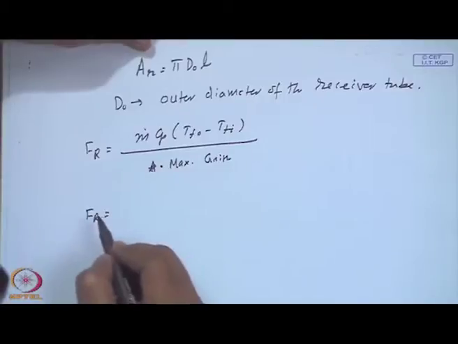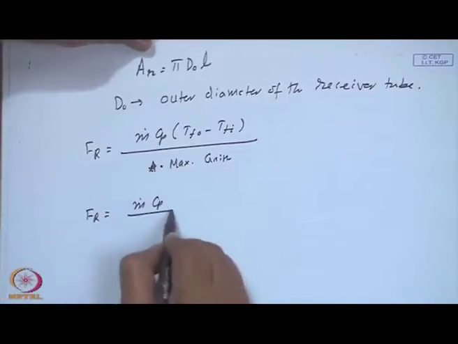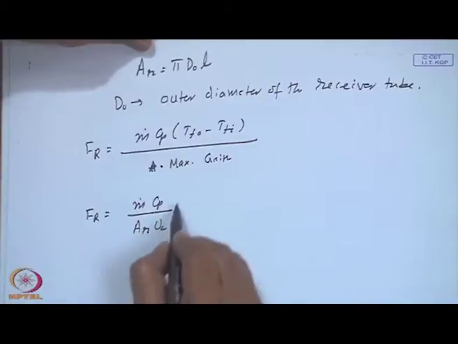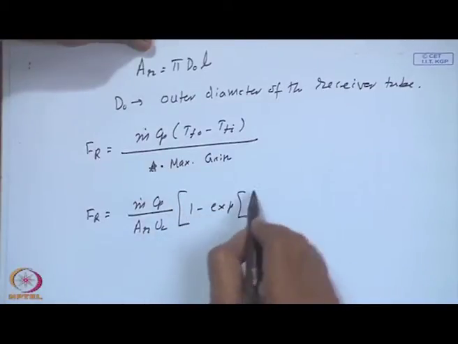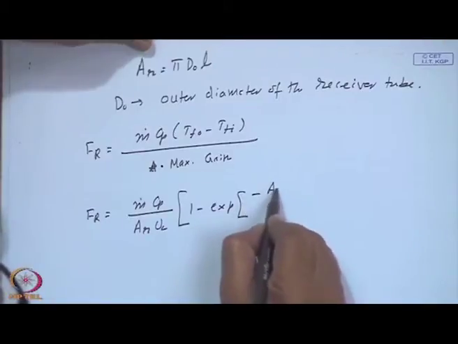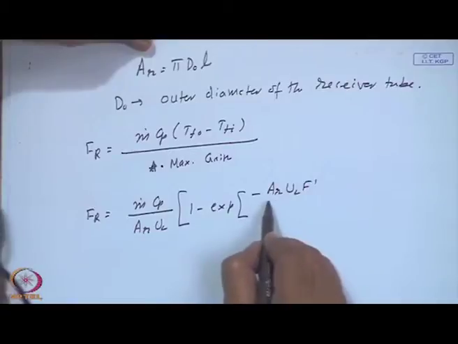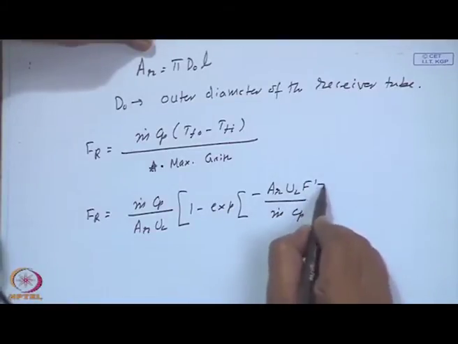So, we got FR as m dot Cp upon AR UL times 1 minus exp minus AR UL F dashed by m dot Cp.